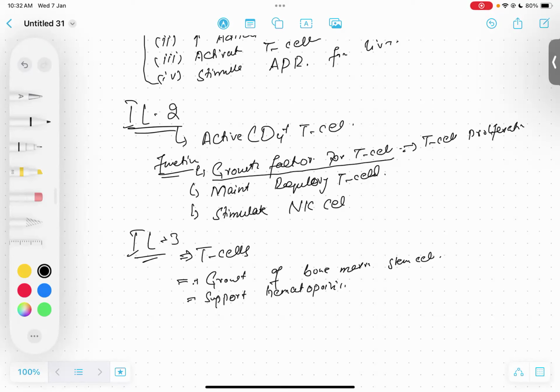So remember, interleukin 3 is actually a bone marrow booster.